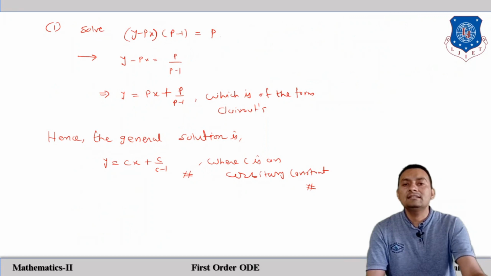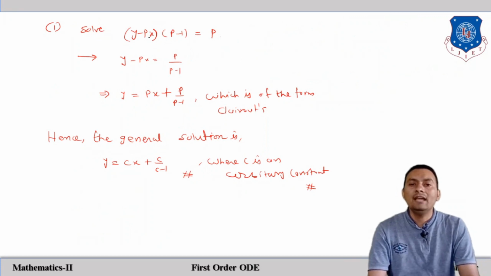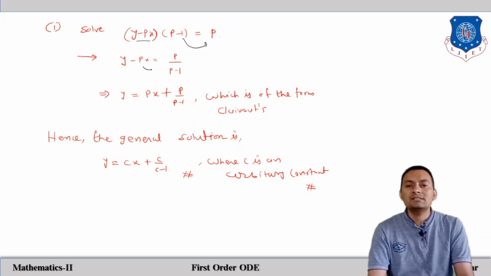So let us see another question: solve y minus px into p minus 1 is equal to p. From this question, what can you write? y minus px, I am just taking px to the right hand side, so p divided by p minus 1 is there. So y is equal to px plus p divided by p minus 1. And this is exactly of the form y is equal to px plus f of p, a function of p.